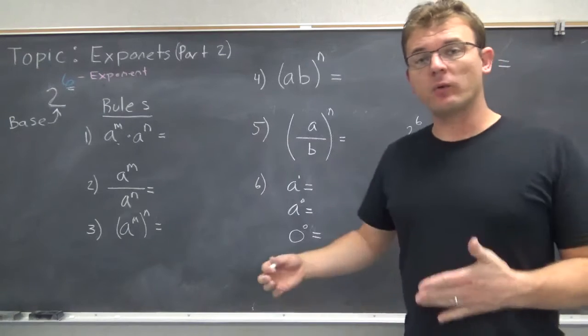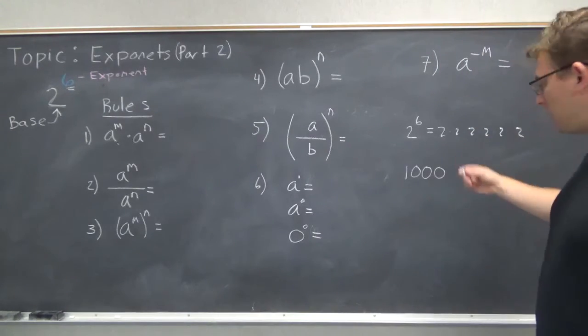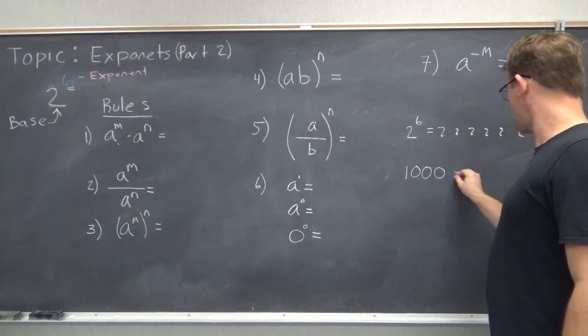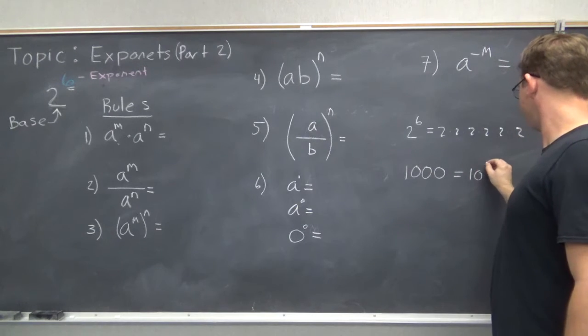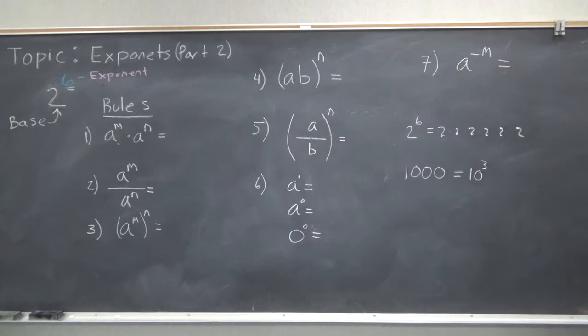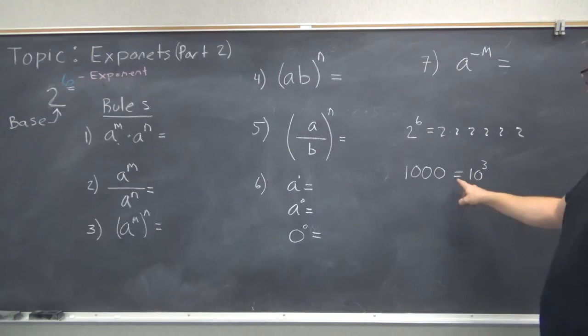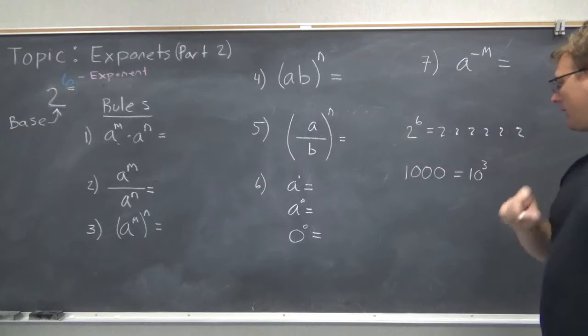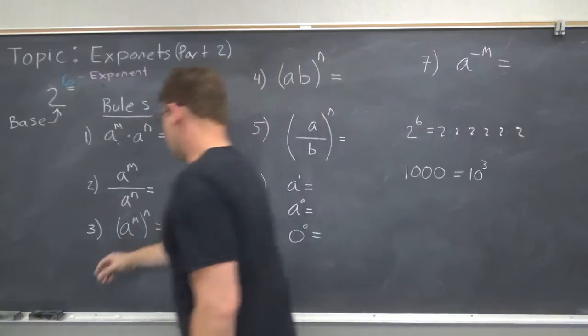A better way of writing 1,000 could be 10 to the 3rd. So let's go to these rules here.